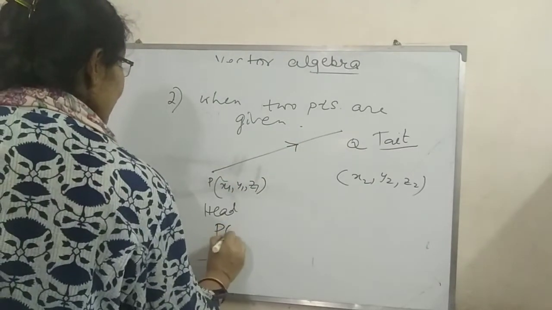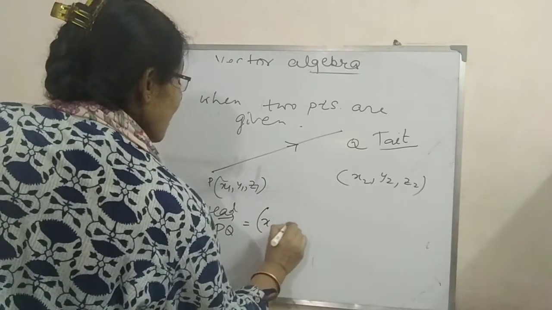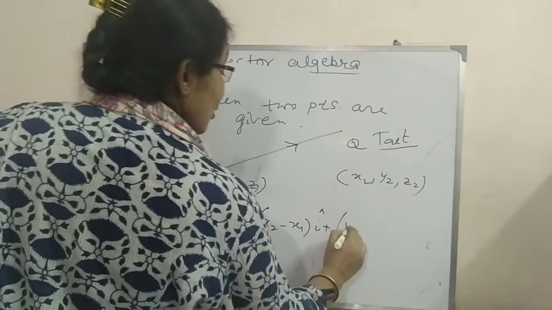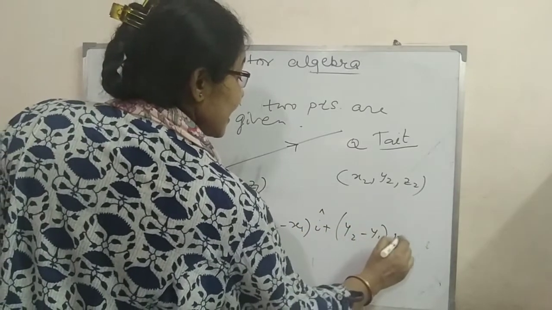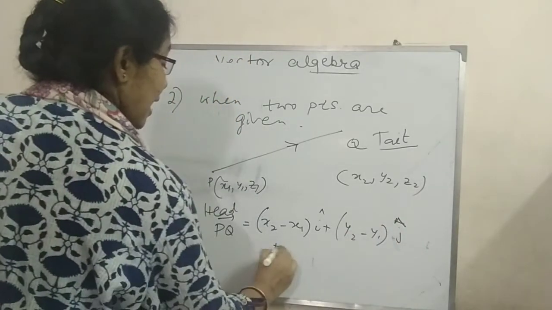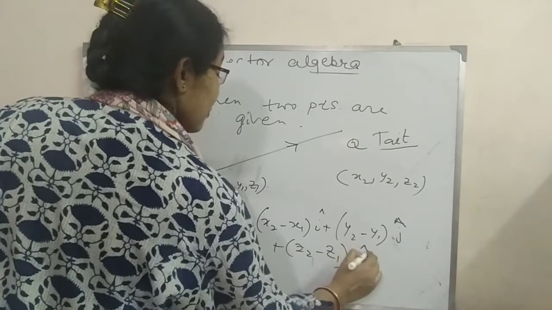Then PQ equal to x2 minus x1 I plus y2 minus y1 j cap plus z2 minus z1 k cap.